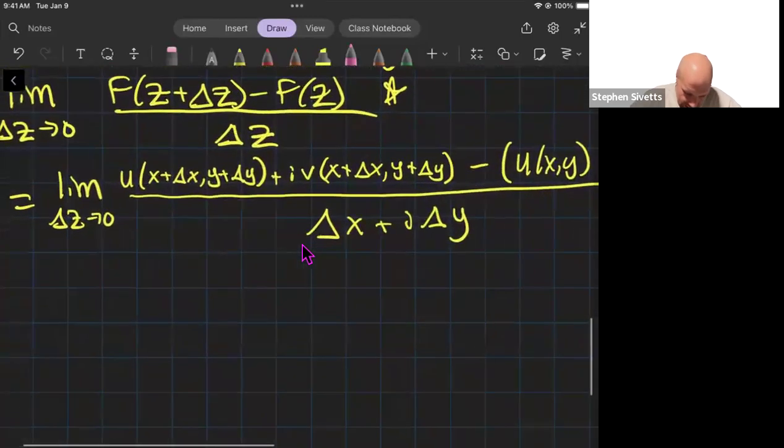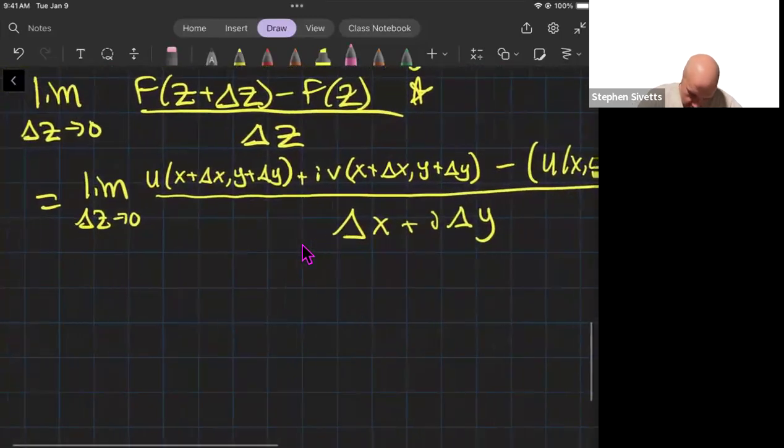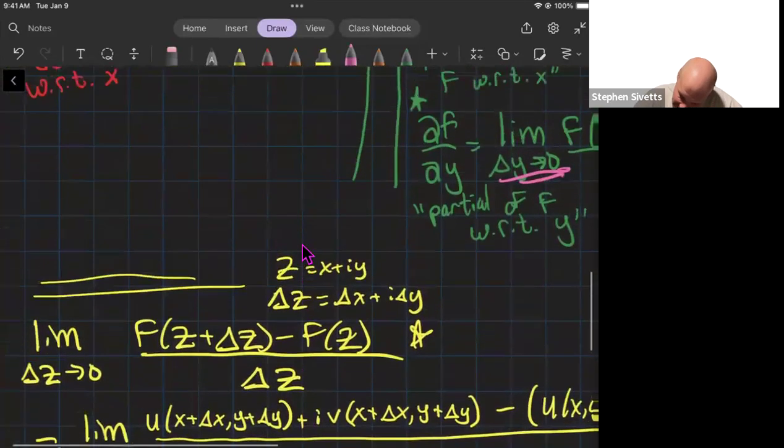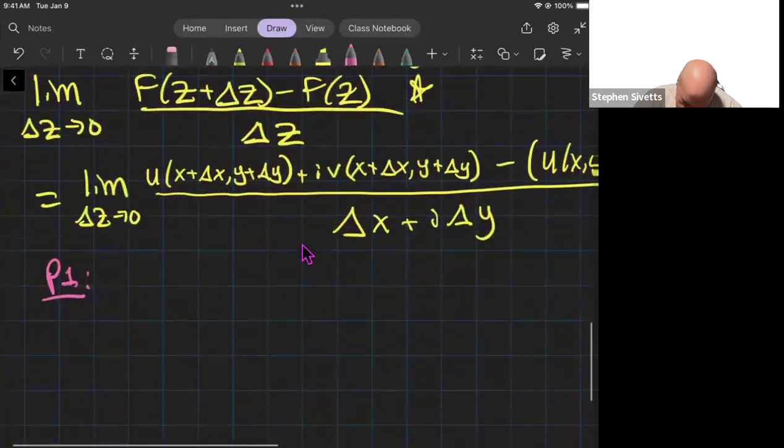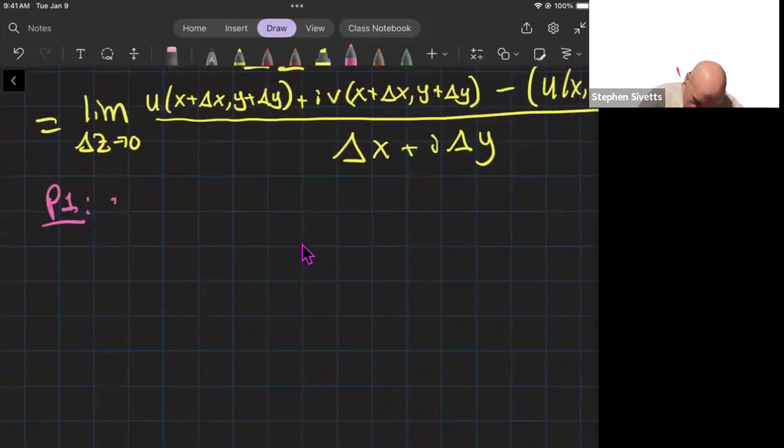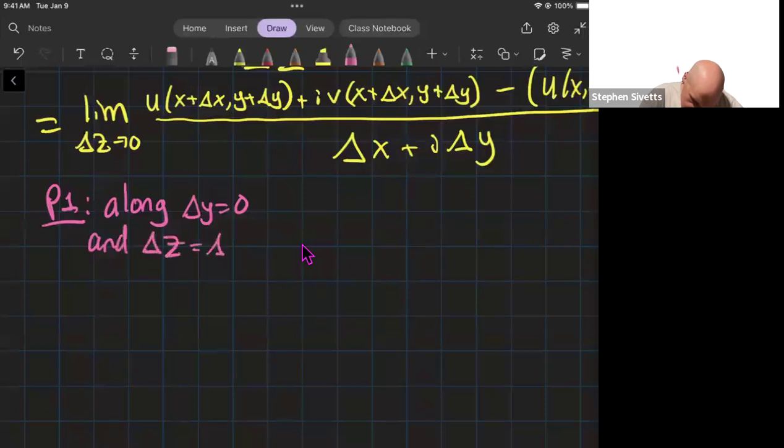So that is exactly what we're going to do. The first path we're going to take is along delta y equals 0 and delta z equals delta x, right?